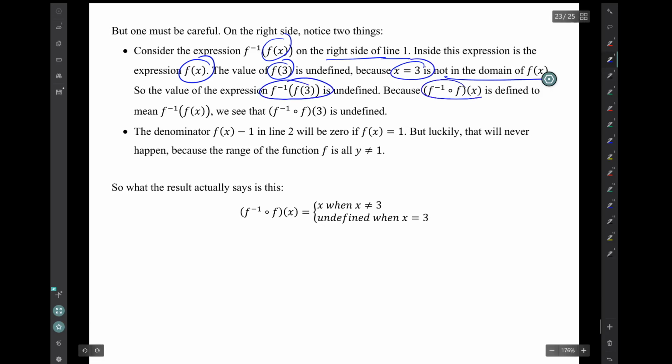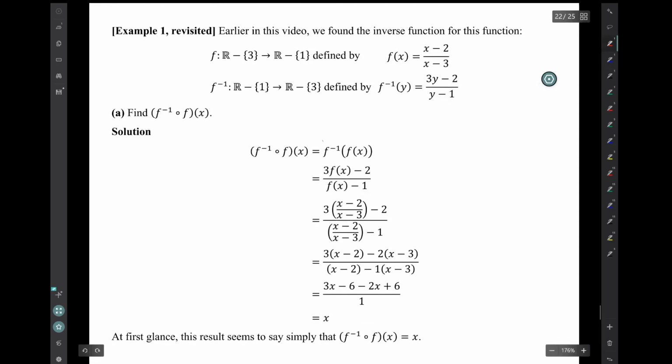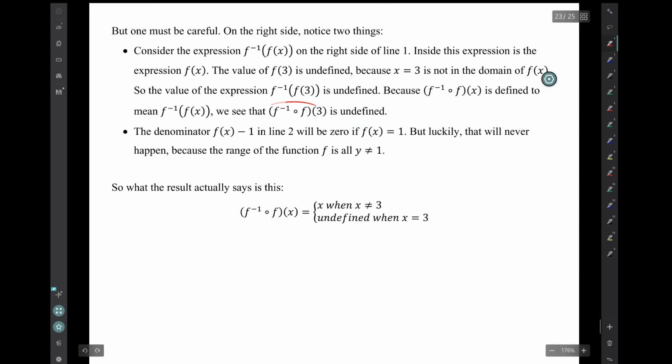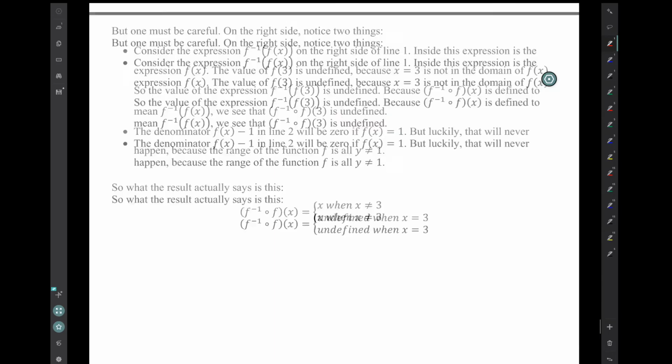So because that expression is defined to mean the same as that expression, we see that this f inverse composed with f of 3 is undefined. So in other words, in the case where x equals 3, none of this works. So we have to say that this thing is undefined. Let's look more carefully at that string of equations up above.